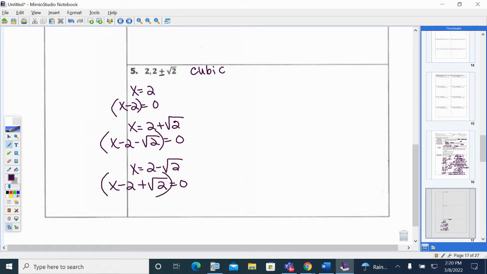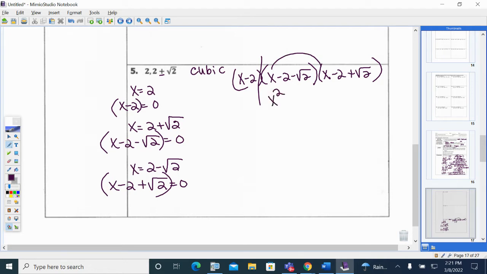So my three factors are x minus 2, x minus 2 minus radical 2, and x minus 2 plus radical 2. And I say again, please make sure that you multiply like things together. So the two factors that have radicals in them need to be multiplied together first. X times x is x squared.